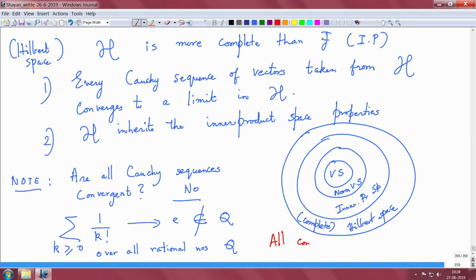All convergent sequences are Cauchy, but all Cauchy sequences are not convergent.